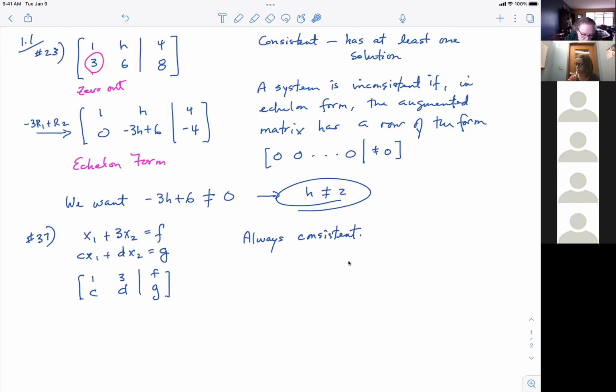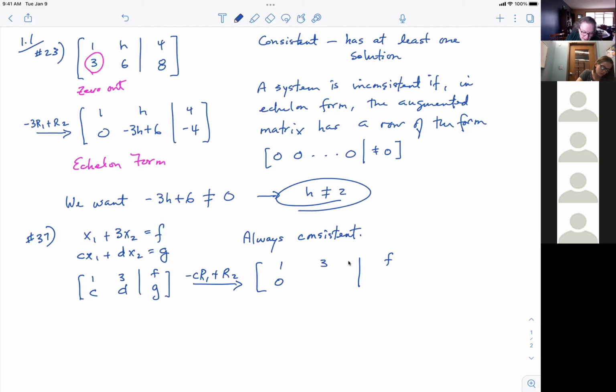So if I want to do a row operation here, it's the same idea as before. I'm going to multiply row 1 by negative c and add that to row 2. Row 1 doesn't change. In row 2, I'm going to get 0 there.